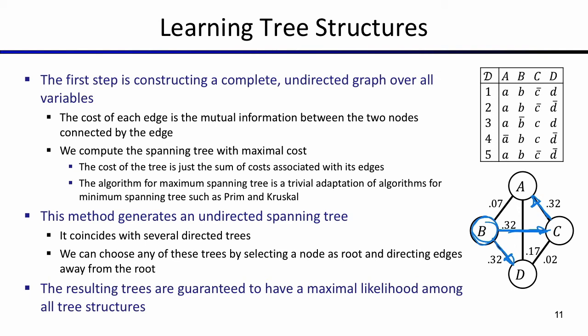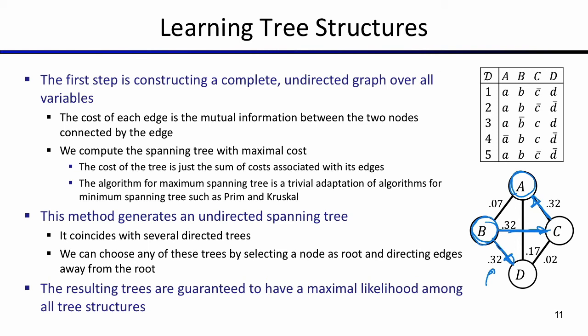As you can see, if we had selected a different root, for instance A as my root, it's going to be a slightly different structure. And we wonder, if we select different roots, whether the computation of the score would change in a way that these different trees would have different maximum likelihoods. But it's not the case, because what we have here is the computation of the mutual information, and the mutual information is a symmetric measure.